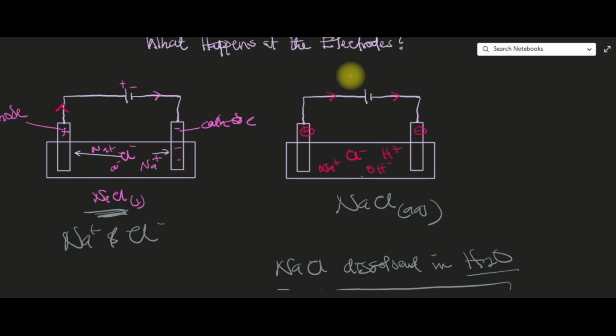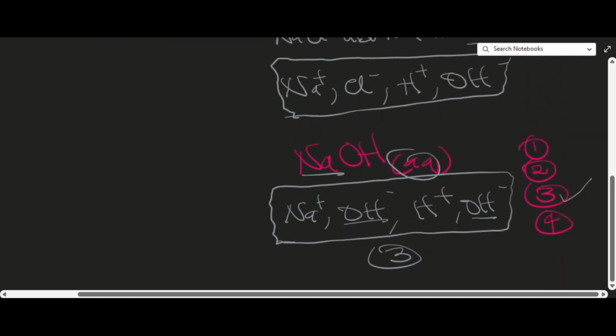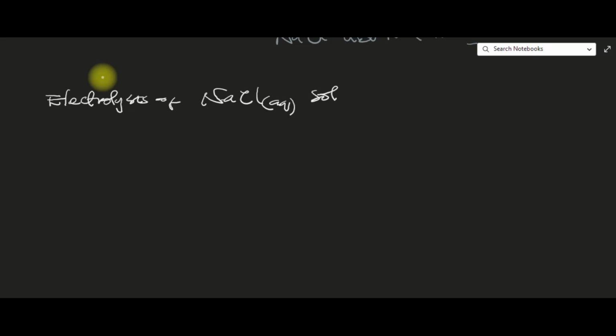Let me write them here, we have anode, and then we have cathode. Let me break everything down so you will follow along. So, of course, we are dealing with electrolysis of aqueous sodium chloride solution.